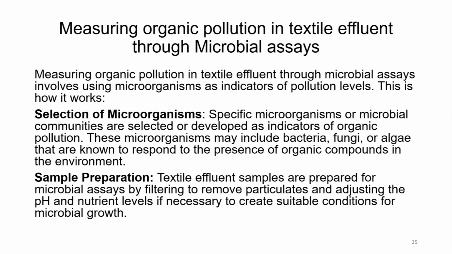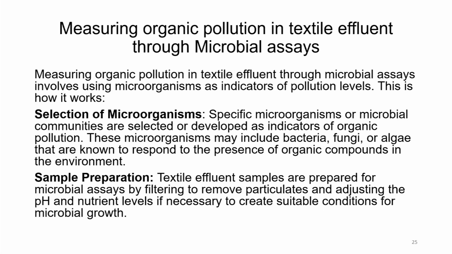Now, let us see how microbial assays are carried out for measuring organic pollution, and this is also new learning. Measuring organic pollution in textile effluent through microbial assay involves using microorganisms as indicators of pollution level, and this is how it works. Selection of microorganism.